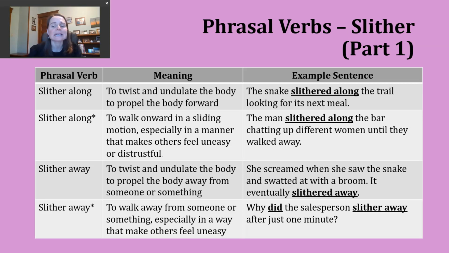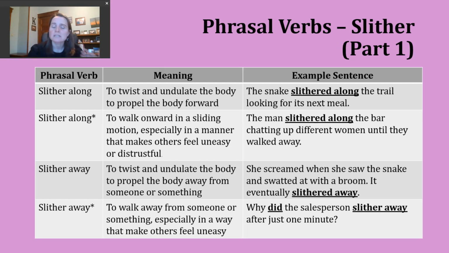It eventually slithered away. So, again, I apologize if it seems a little boring, or you might be asking, why does she keep using snakes here? But that is most commonly how you're going to see this used. So here it's moving away from the frightened person.